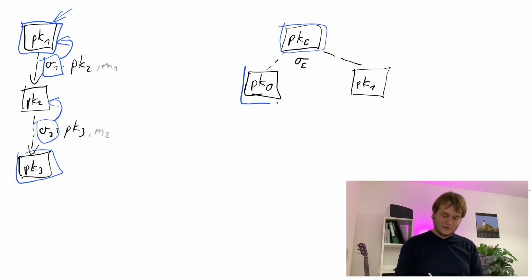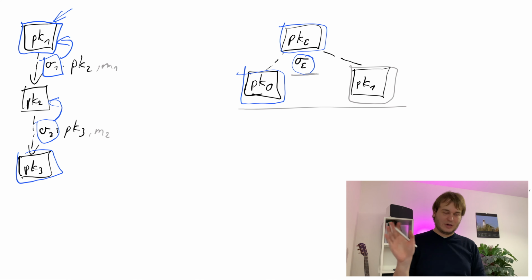And if you give me PK0 and the signature on PK0 under PK epsilon, then I can easily check that this is also one of your public keys. Note that technically for this check you also need to give me PK1 because I need to call the verify algorithm with the complete message that was signed by this signature, but never mind for now.